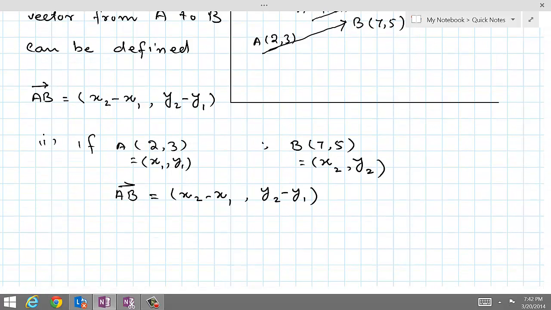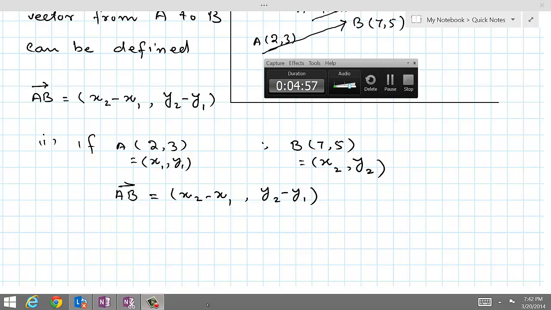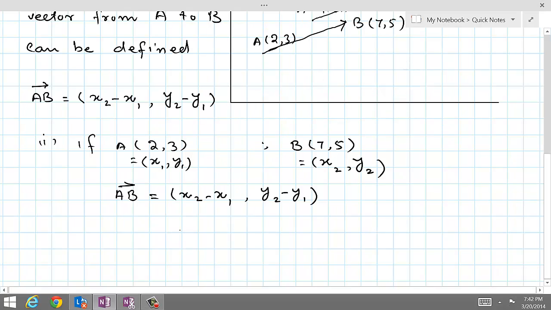So here x1 is equal to 2, y1 is 3, and x2 is equal to 7 and y2 is equal to 5. Therefore, we have this equal to x2 minus x1, which is 7 minus 2, and 5 minus 3.